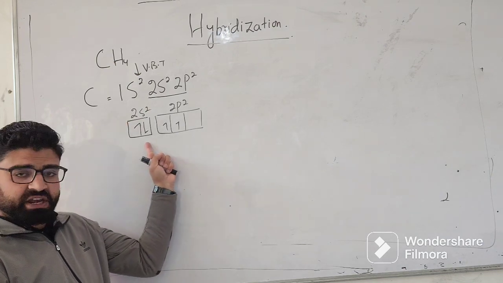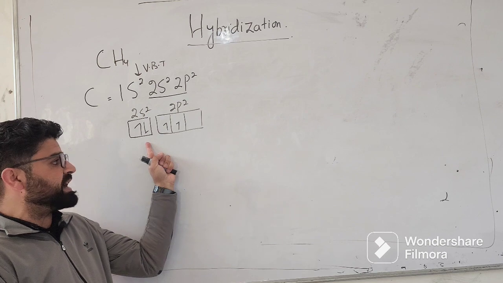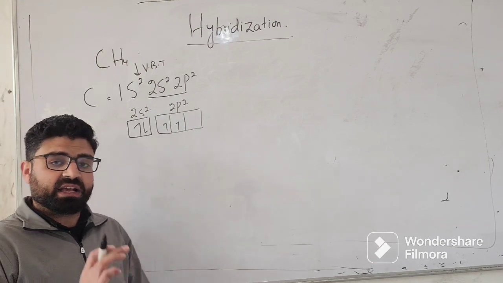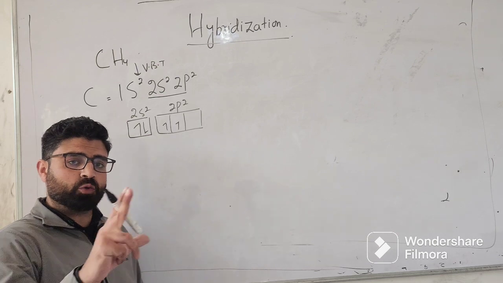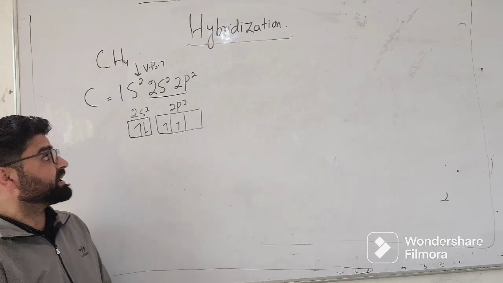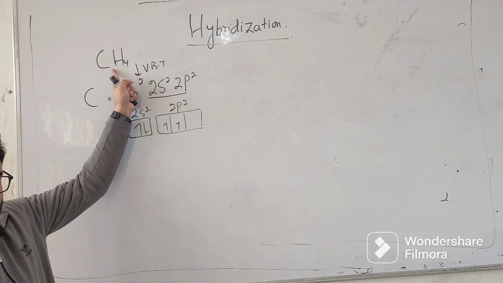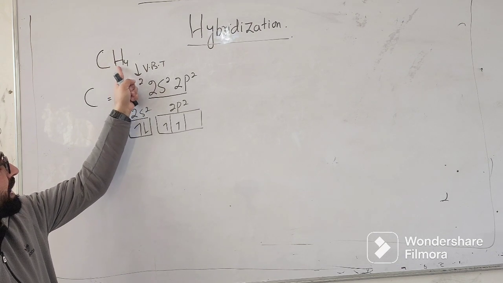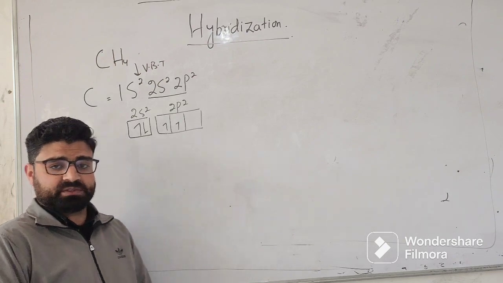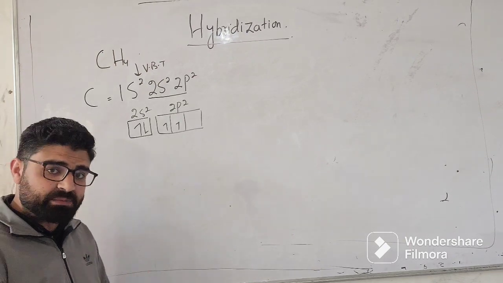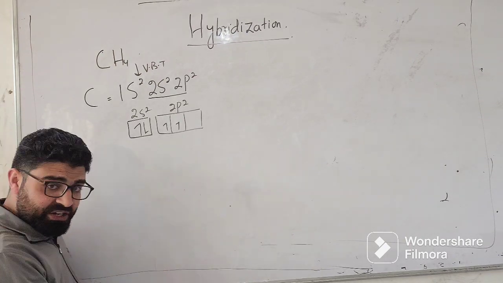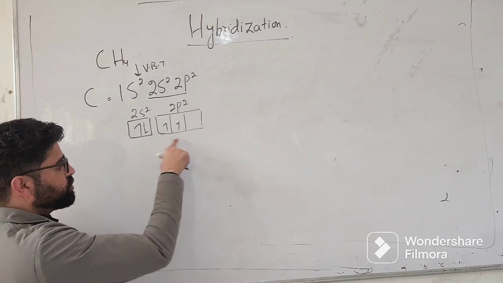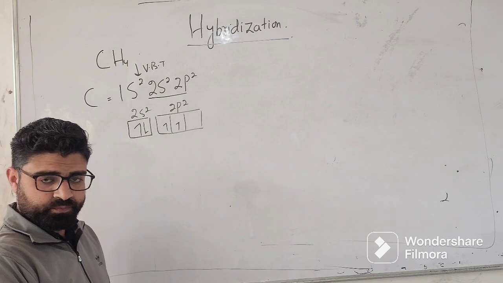In the ground state, the carbon atom has only two half-filled orbitals, which means it can only form two bonds. But in the CH4 molecule, carbon is forming four covalent bonds with four hydrogen atoms. So the formation of CH4 is not possible in the ground state of carbon.